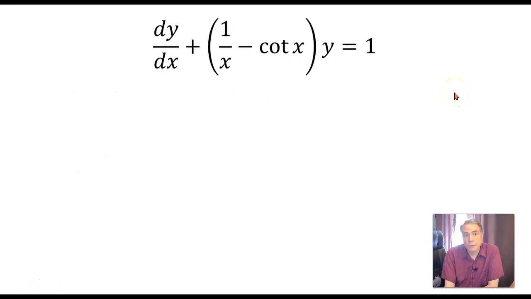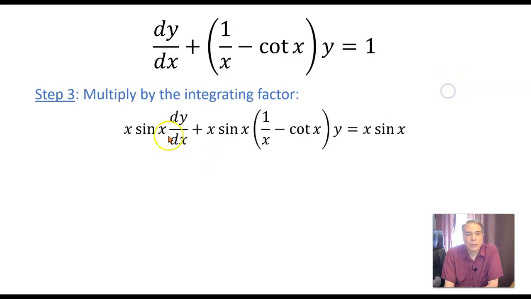So next I will, of course, multiply through by that integrating factor x sin x. So x sin x dy dx plus x sin x times (1/x + cot x) y equals x sin x times 1. And if I multiply through the x sin x times the 1 over x, the x's cancel, and that's sin x.